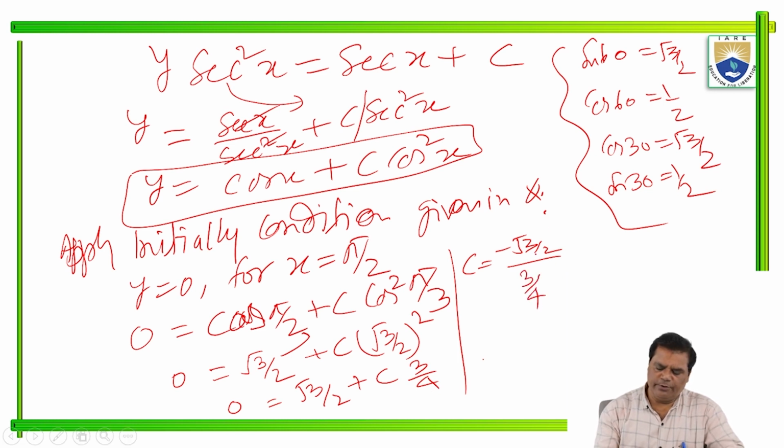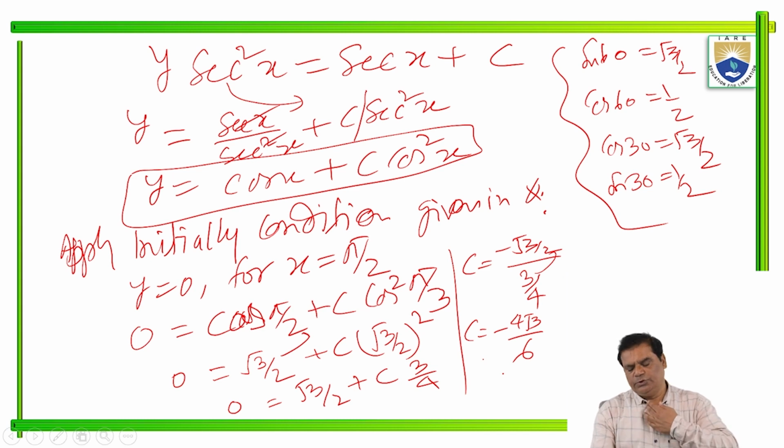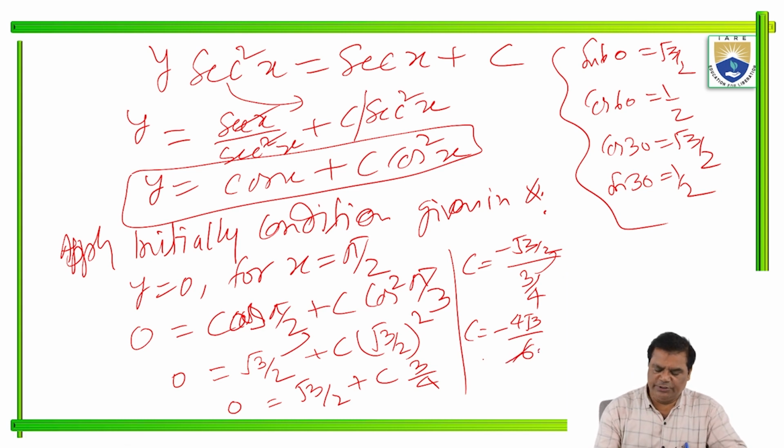So here, multiplying 4 by 1 by 2, c equals minus 2.